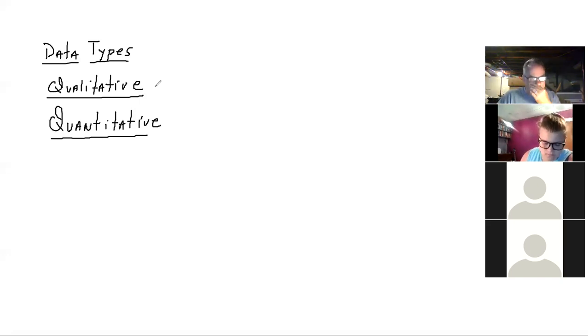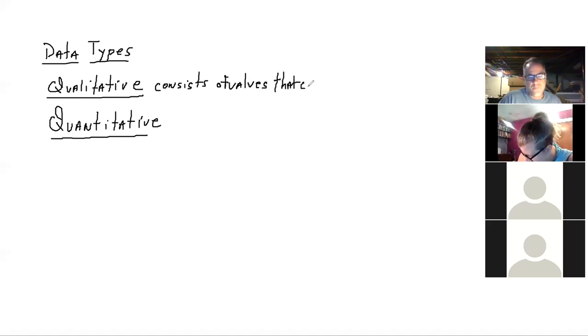Now, qualitative data consists of values. So these are numbers, but values that can be placed into non-numerical categories.